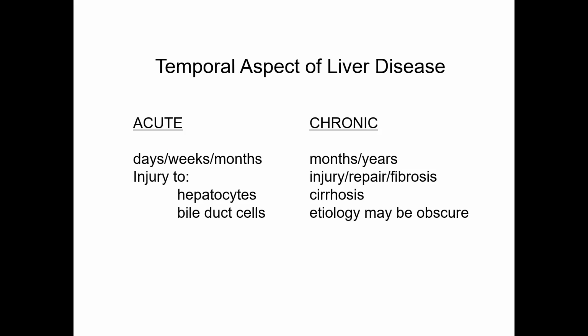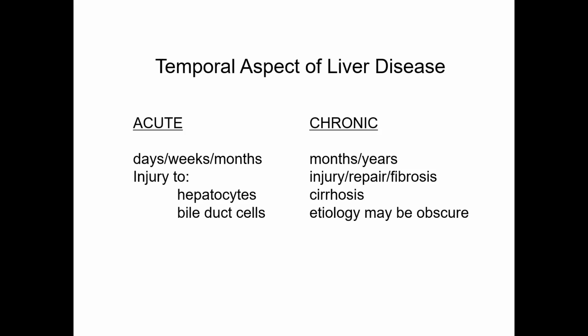Chronic diseases, on the other hand, refer to a condition that affects your liver for more than a few months to years. And the injury, the repair, and fibrotic process can take a long time. This repeated pattern of injury, repair, and then fibrotic formation will lead to scarring of the liver, or what we call cirrhosis.